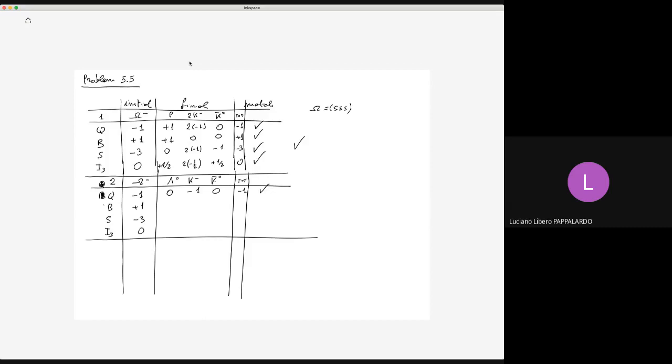What about baryonic number? The lambda is a baryon, so we have a +1, and the other two are mesons. So it is +1, and again, we have a match. Strangeness. The lambda is a UDS baryon, so it has one strange quark, so this is -1.